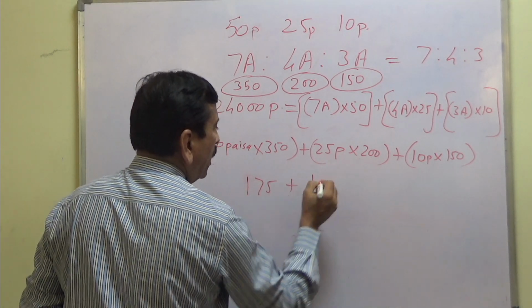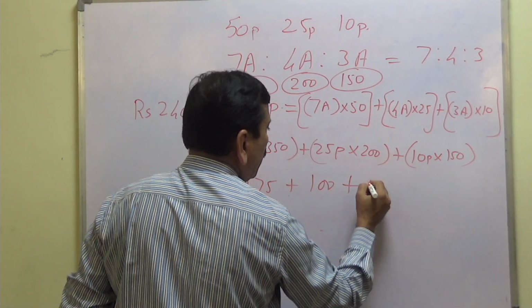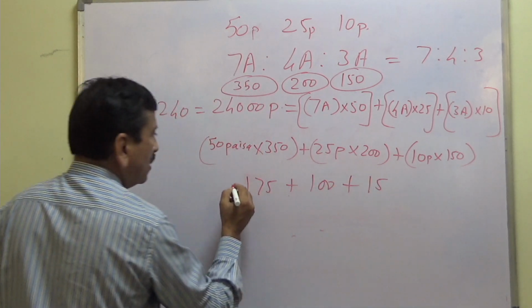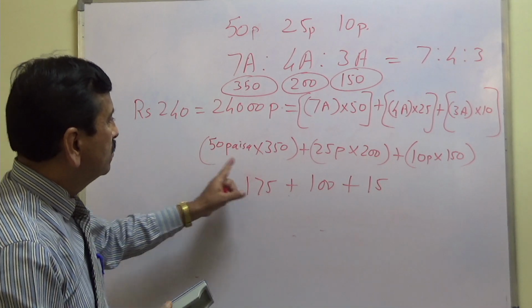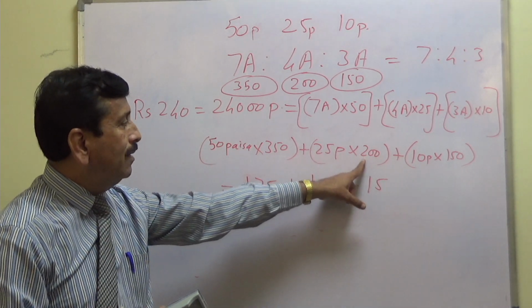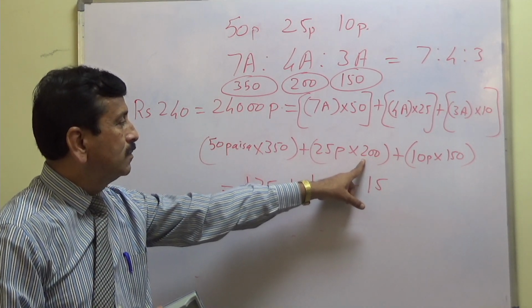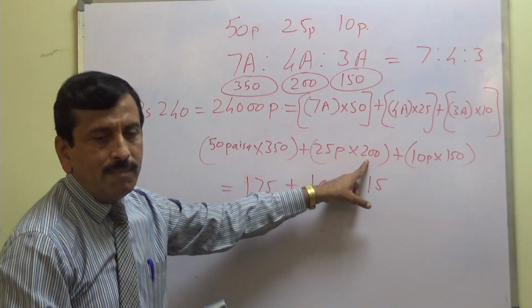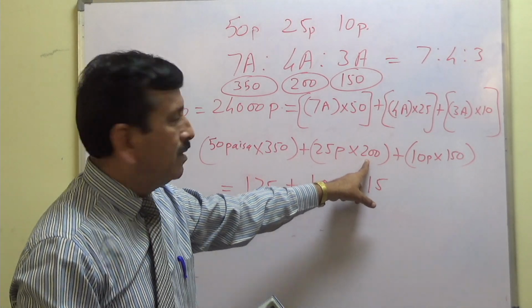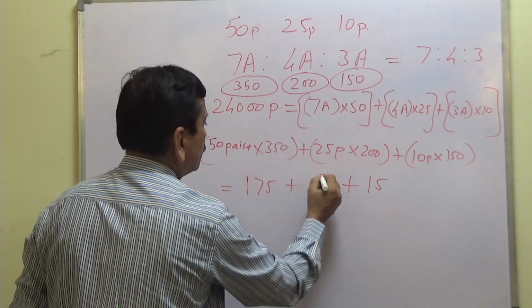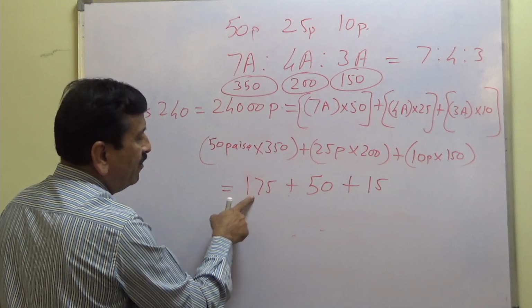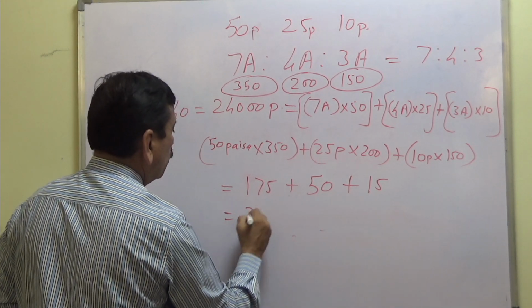This will be 100 rupees. This will be 15 rupees. And this total, if you make it out, 25 into 200, how much will it come? 50, not 100. So 175 plus 50 plus this one will be 240.